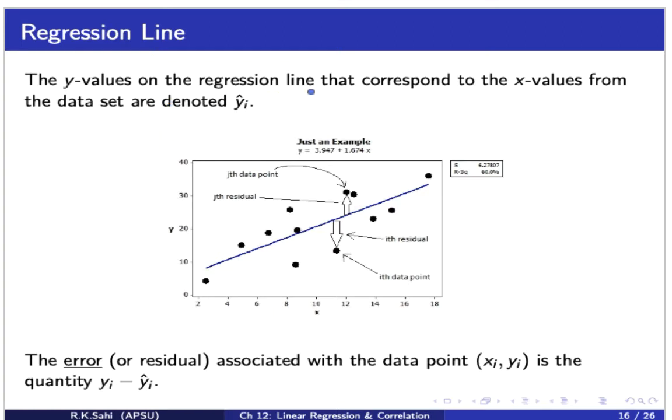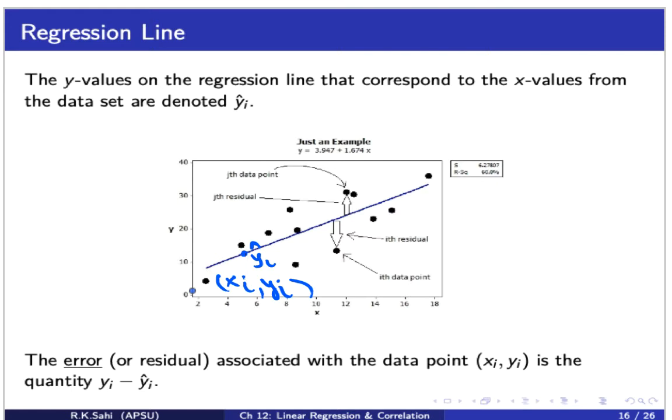Now, the y values on the regression line that correspond to the x values from the data set are denoted by yi cap. In other words, if these are my data x values, this point, the dot, is xi and yi. And this point is yi hat. That is the value which we are predicting with respect to the regression line.